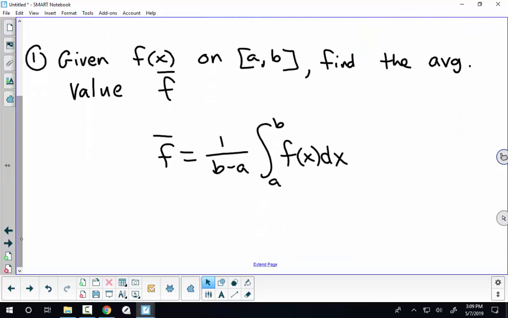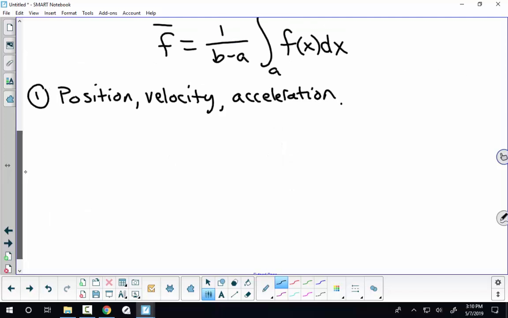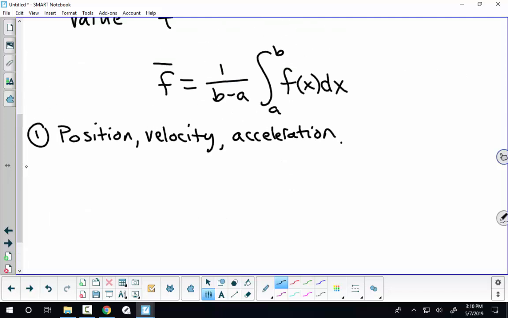There's one question where you have to find position, velocity, and acceleration. And one question from 6.2.